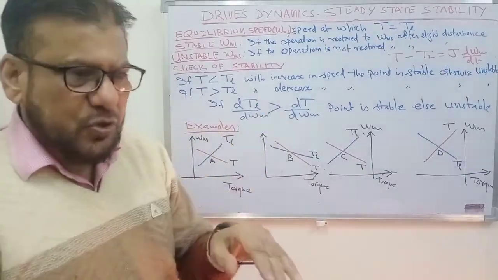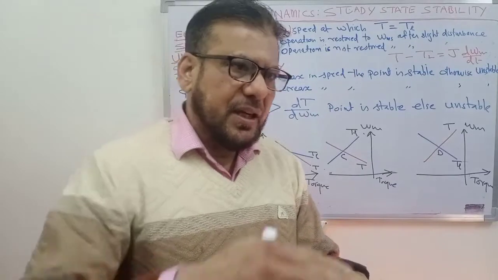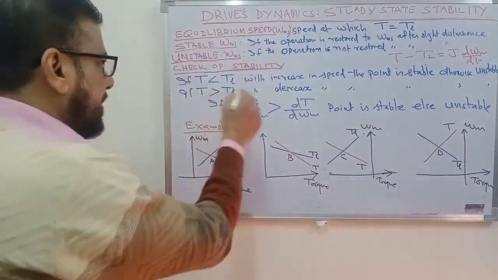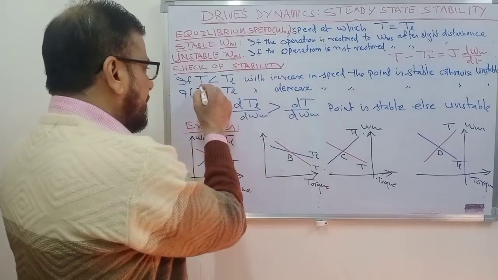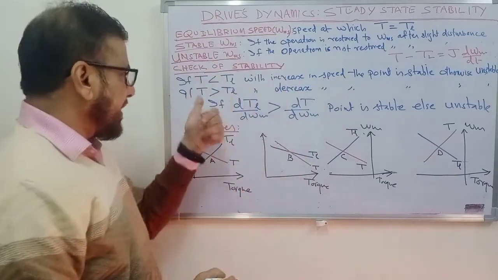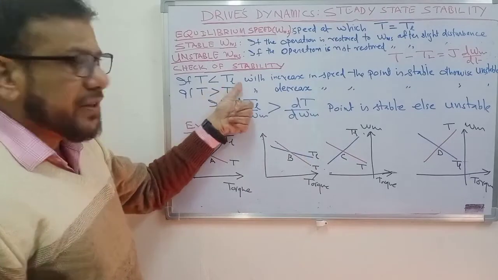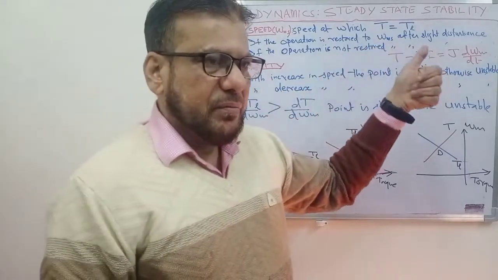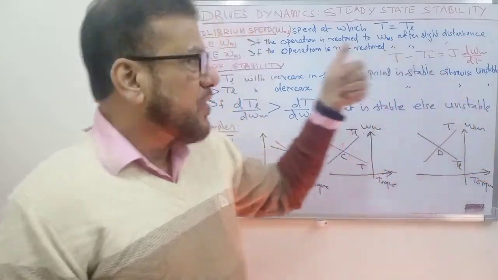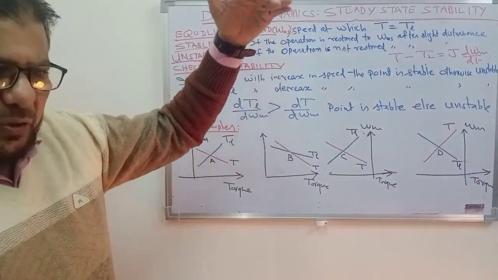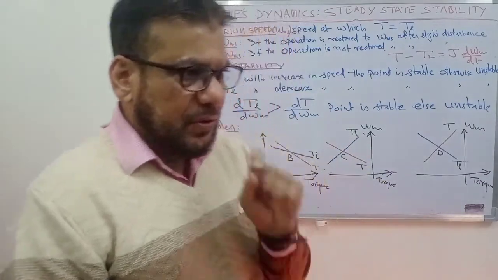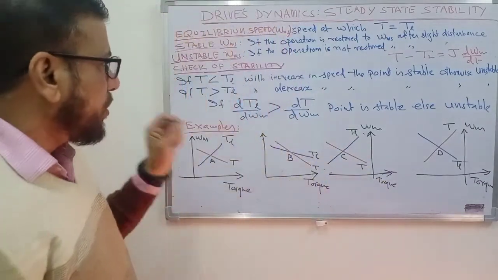The driving torque should be less than the opposing torque, so that the motor speed decreases. So with increase in speed, if the motor torque becomes less than load torque, you can say that the point is stable, and because of this difference, speed of the motor will decrease and again it will come back to the original speed. So that point will be called stable operating point.